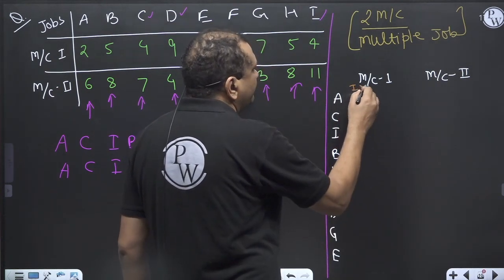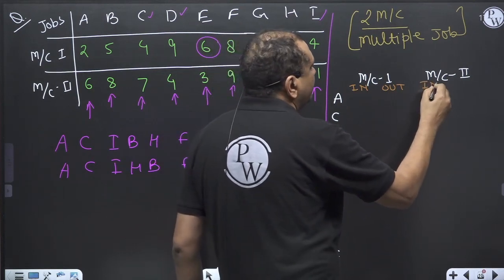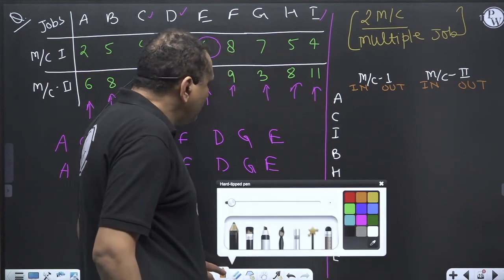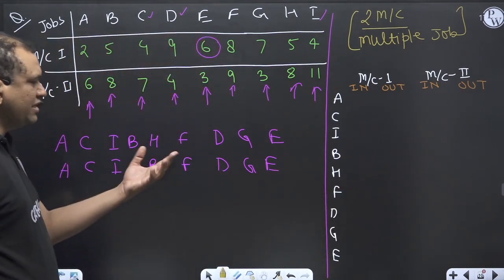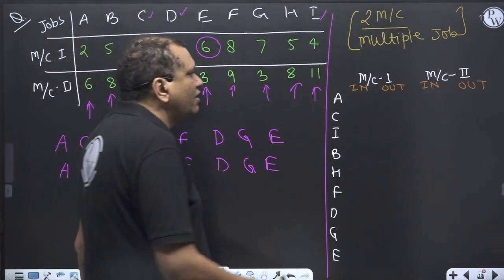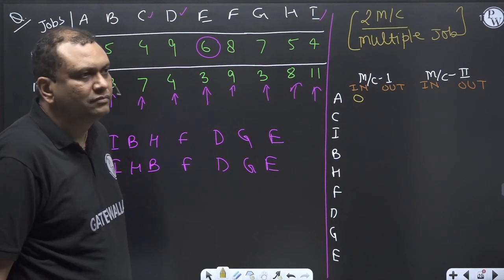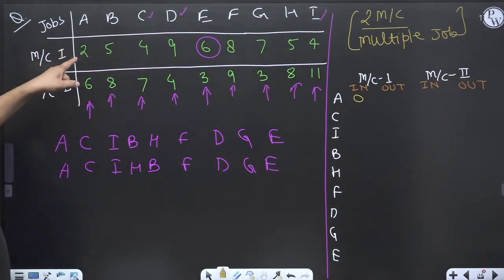Machine 1 in time, out time. Machine 2 in time and out time. So first A will get into machine 1, so 0. We are starting with the 0 time. See very carefully, A consumes 2 unit time in machine 1.